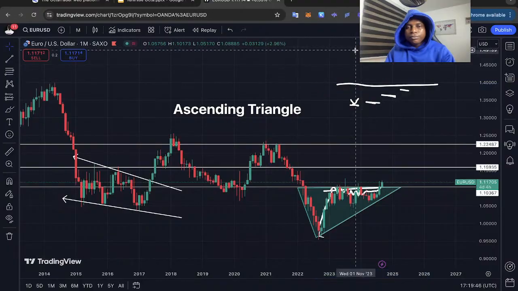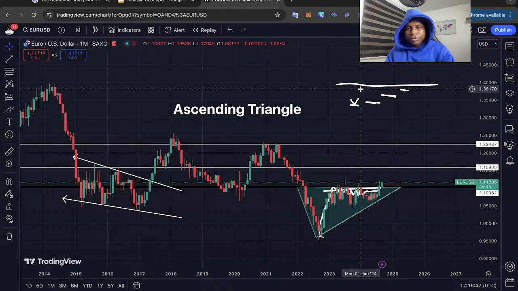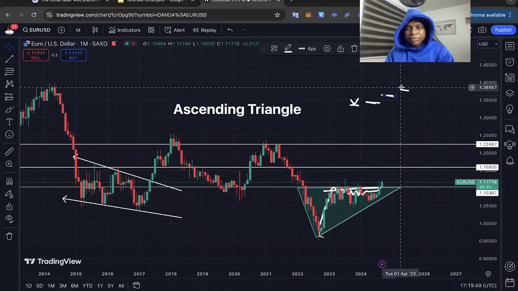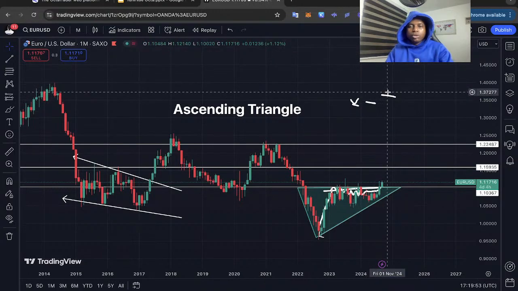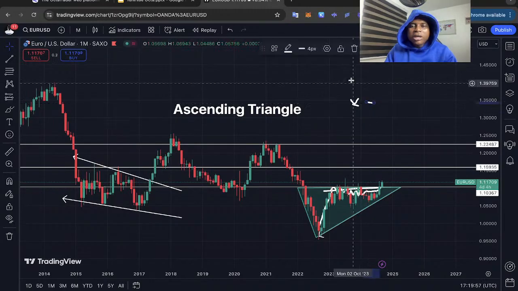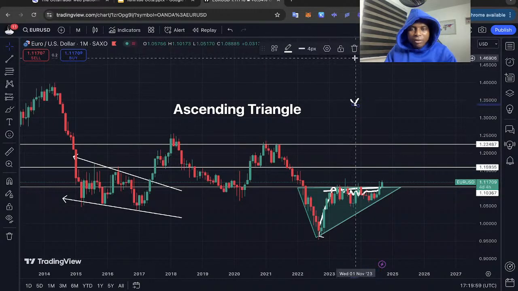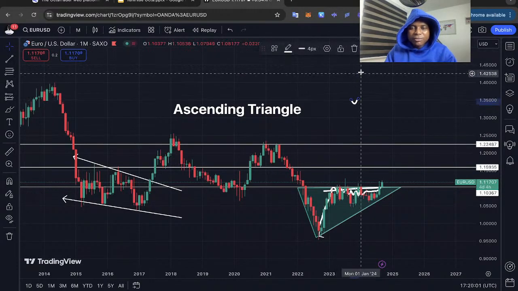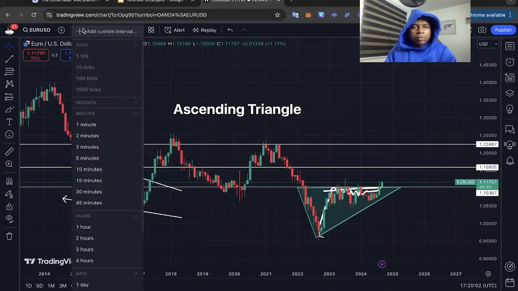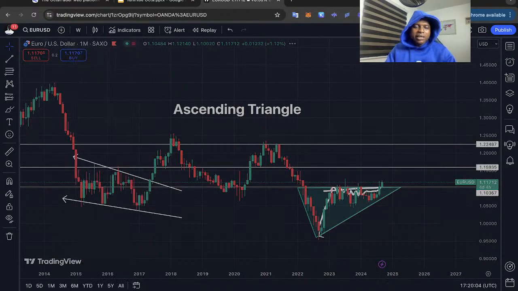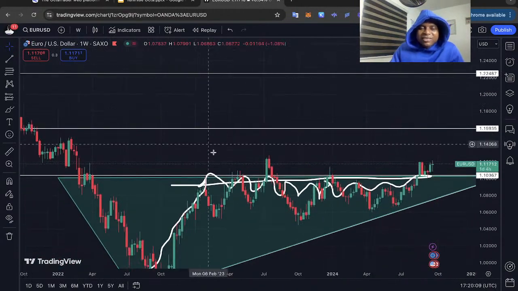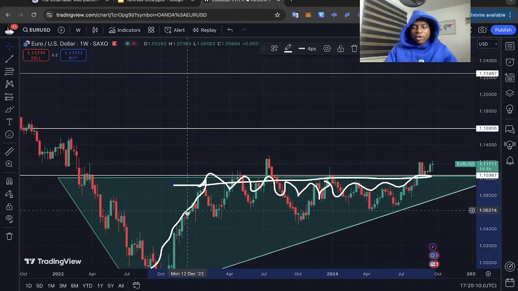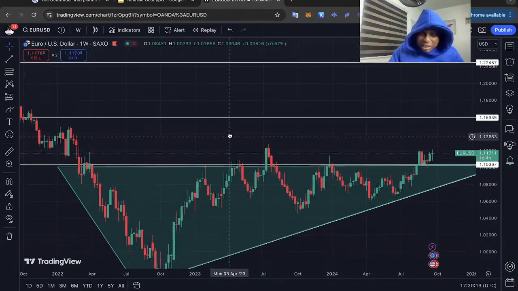Let me get this out of the screen. Good. Now let's go down to lower time frames, like the weekly time frame. You can now see on the weekly time frame that we have an interesting chart here.